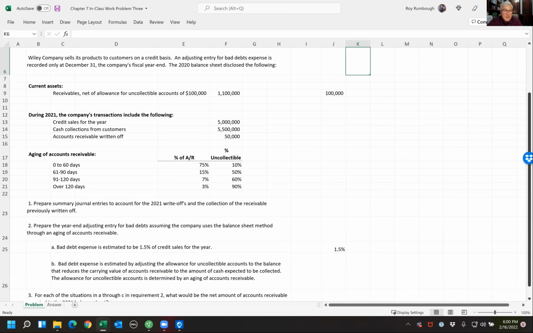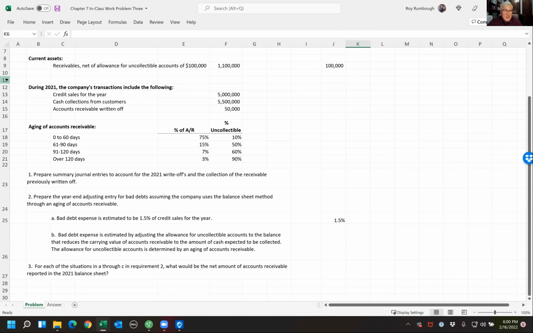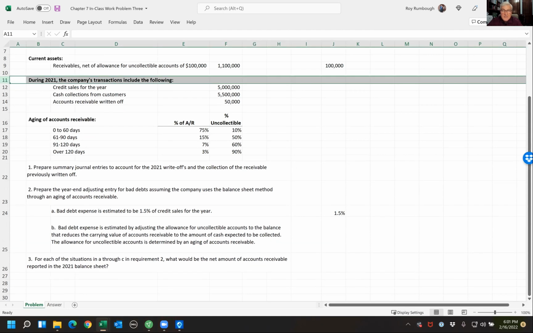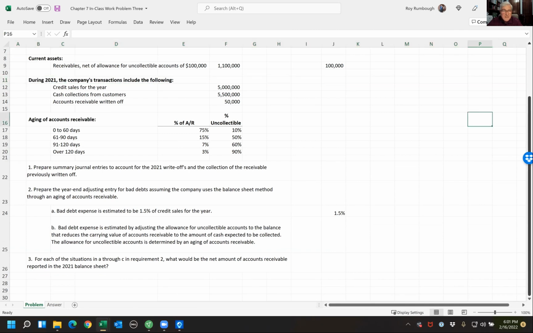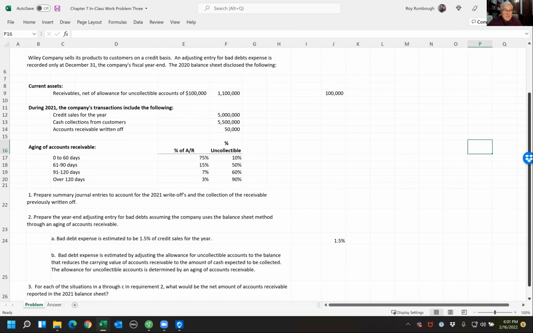Pull this up. We don't need that line item. All right, I think you can see all of that. So this is a place where you could pause the video and work this on your own.